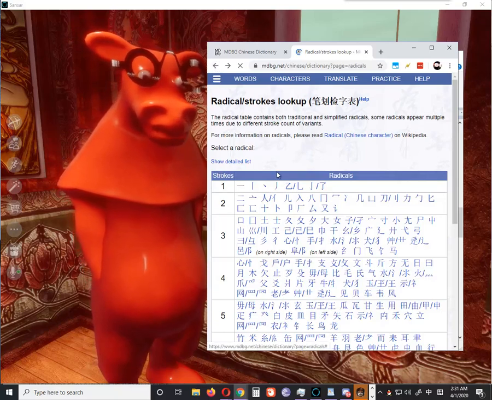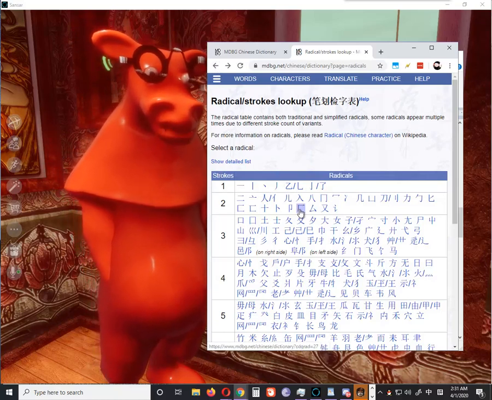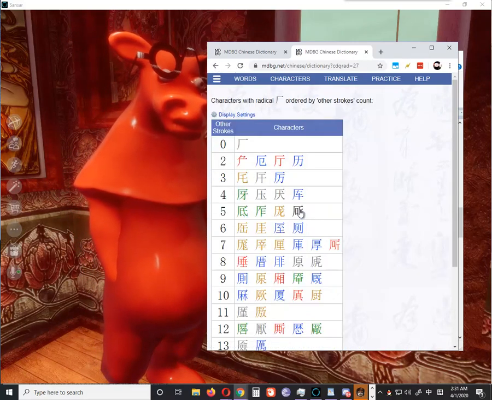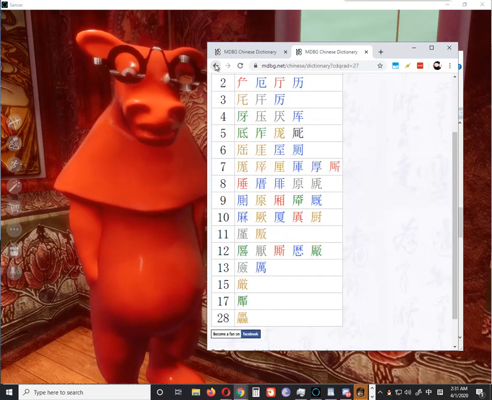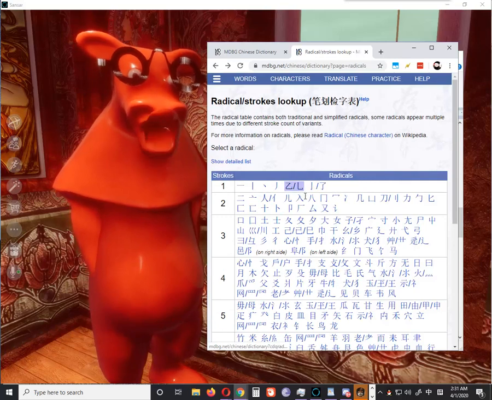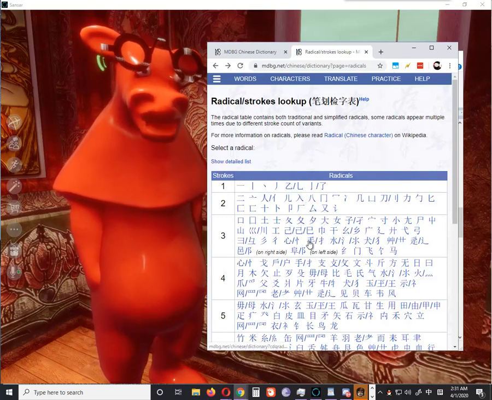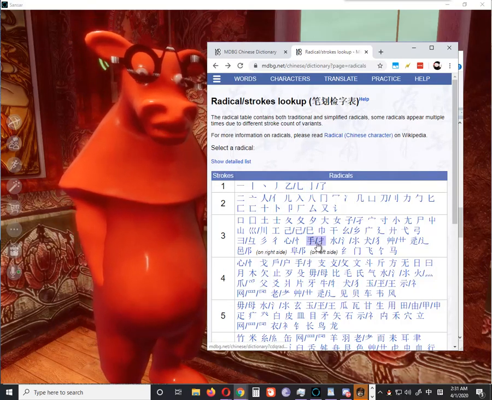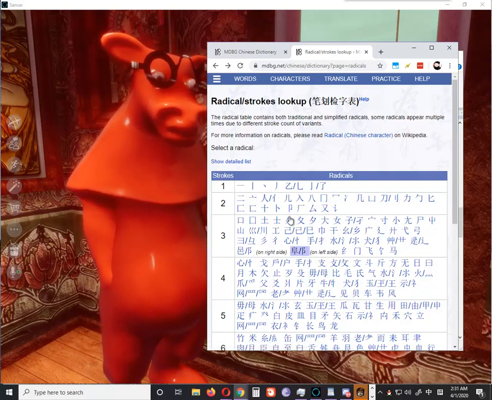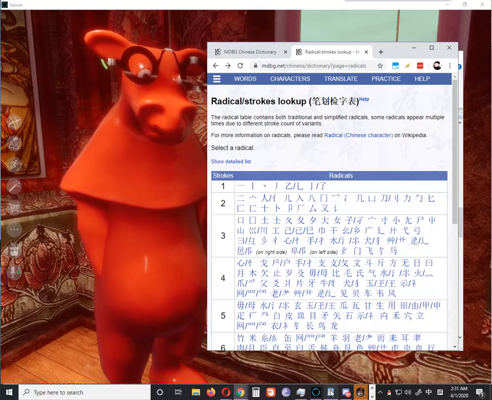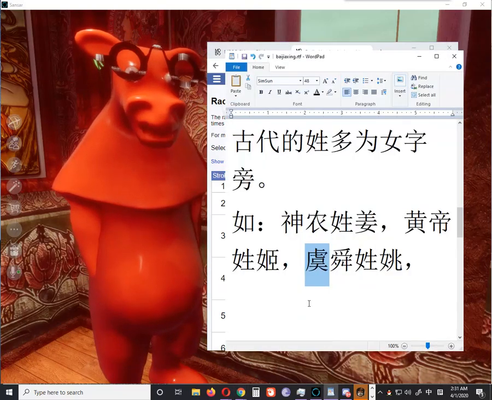And then you might think, oh well, it looks like it's got this thing. And you know what? That's not it either. So whenever that happens, you're probably looking at a situation where you've got a more complex radical.